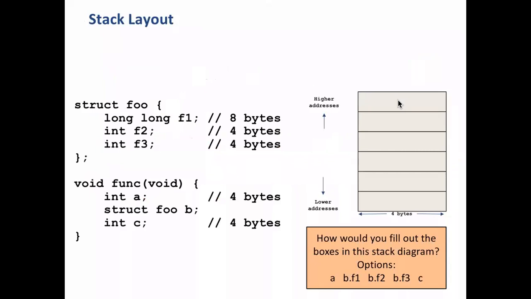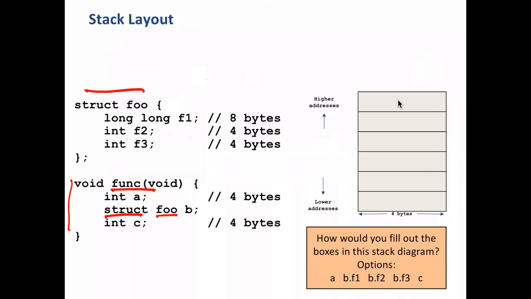Now look at this code. This is the main function, and it's calling a function, and it's using a struct foo, which is defined here.